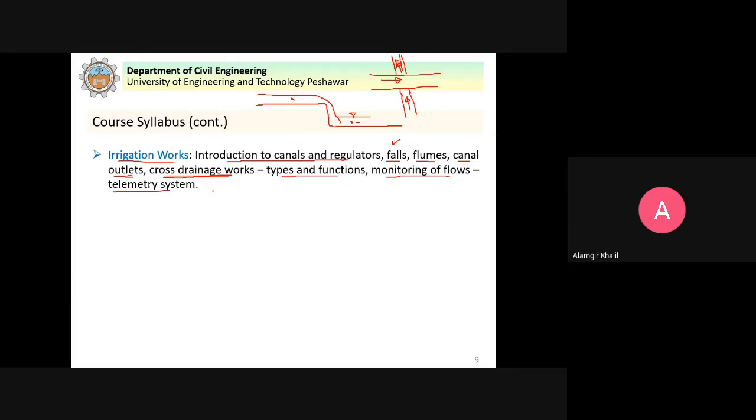So we want to measure the discharge, because that way we know how much quantity of water is flowing in a stream or river, so that we can plan accordingly. For this purpose you measure the discharge, and you already studied in your hydrology course how to measure the discharge. We have different methods.